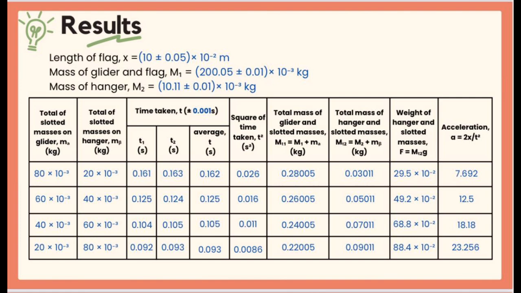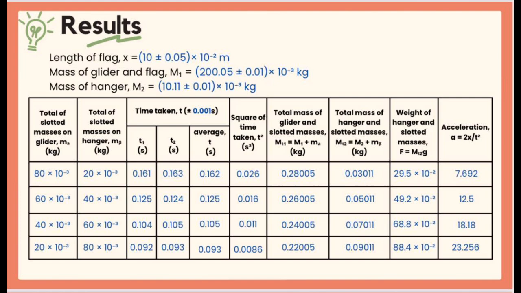Next, total of slotted masses on hanger, M, in kilogram: 20, 40, 60, 80, each multiplied by 10 to the minus 3. And next is time taken, with uncertainty of 0.001 second.